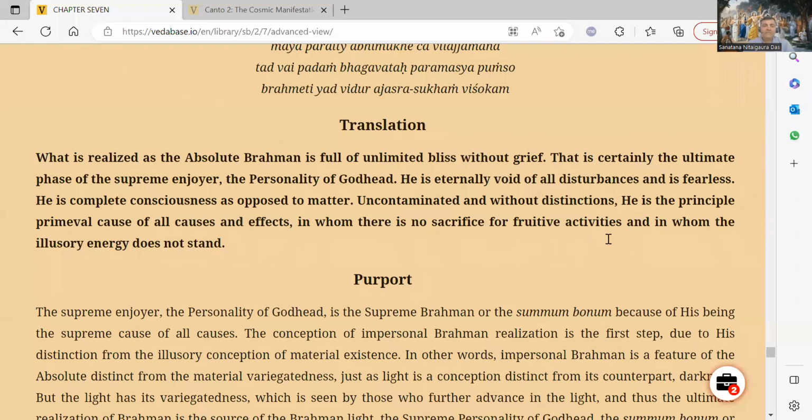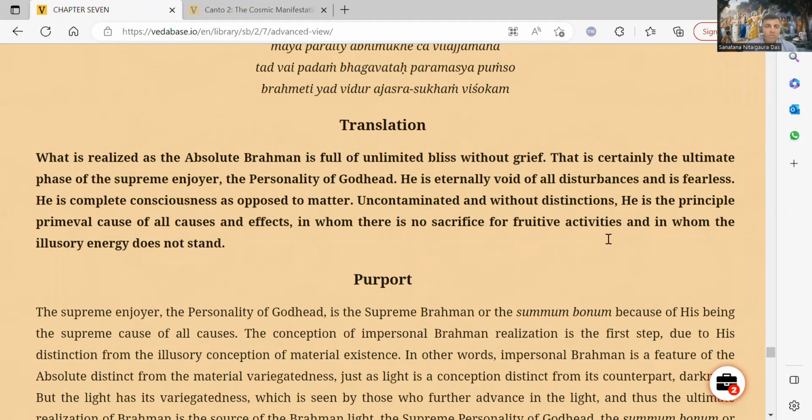What is realized as the absolute Brahman is full of unlimited bliss without grief. That is certainly the ultimate phase of the Supreme Enjoyer, the personality of Godhead. He is eternally void of all disturbances and is fearless.